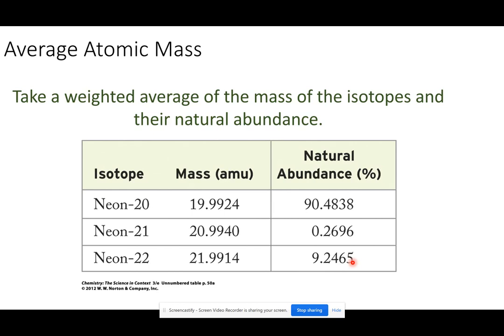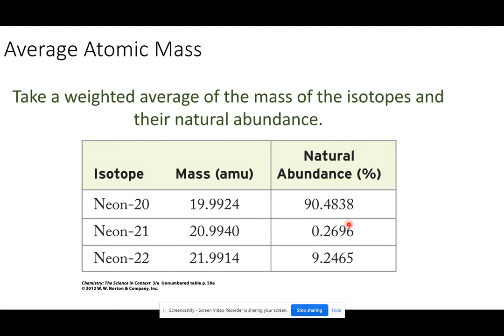So 12 neutrons and 10 protons. And 0.26% of the time, so almost never, I'll reach in and I'll pull out a neon-21. So those are the natural abundances. That's how much of each occur in nature.